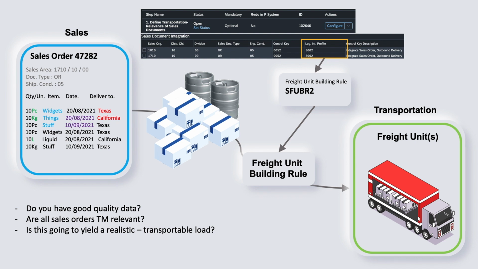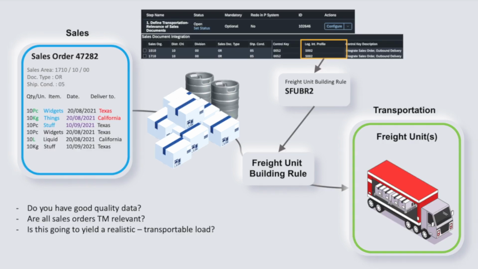So there's no point in me trying to produce a freight unit of 500 tons if there is no way for me to plan it when I get to the transportation cockpit. So again, that's also part of the control and objective of the freight unit building rule, to produce a transportable load that will be making sense, that is realistic with regard to those transportation resources that you have.